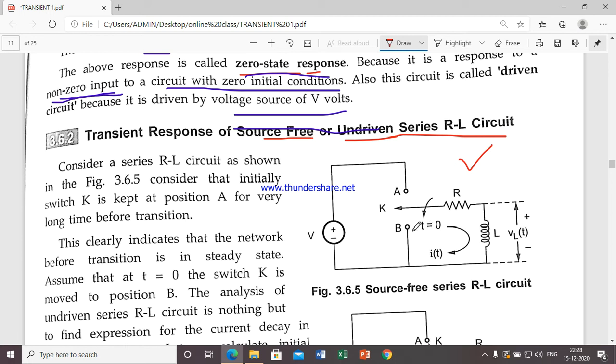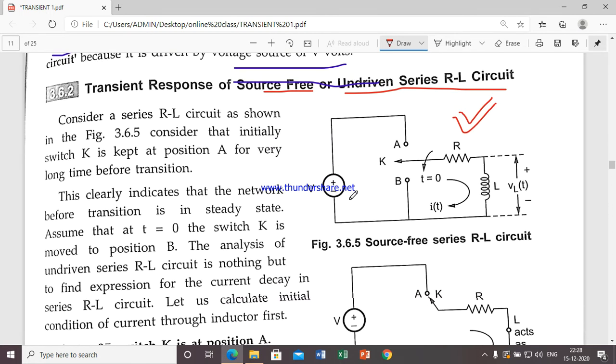We will see the transient response of this source free circuit operation here. And also we should observe how the energy is dissipated by the inductor when you remove the source V connected to this circuit.